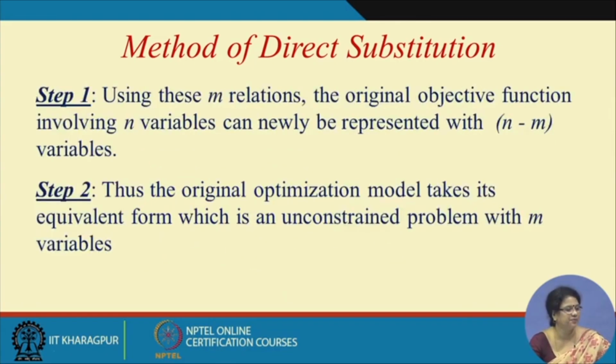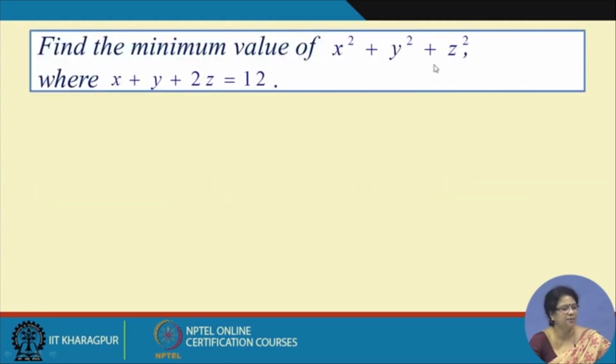In the method of direct substitution, verbally, M relations are there, N variables are there, and you replace the M relations with N minus M variables. What does it mean? Let me take one simple example here. This example has three variables, one objective function, one constraint.